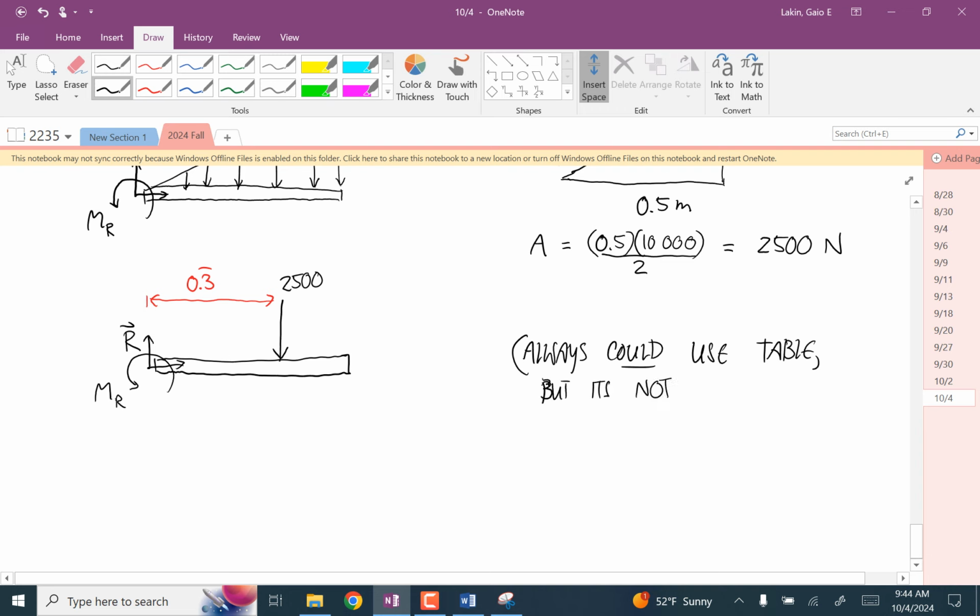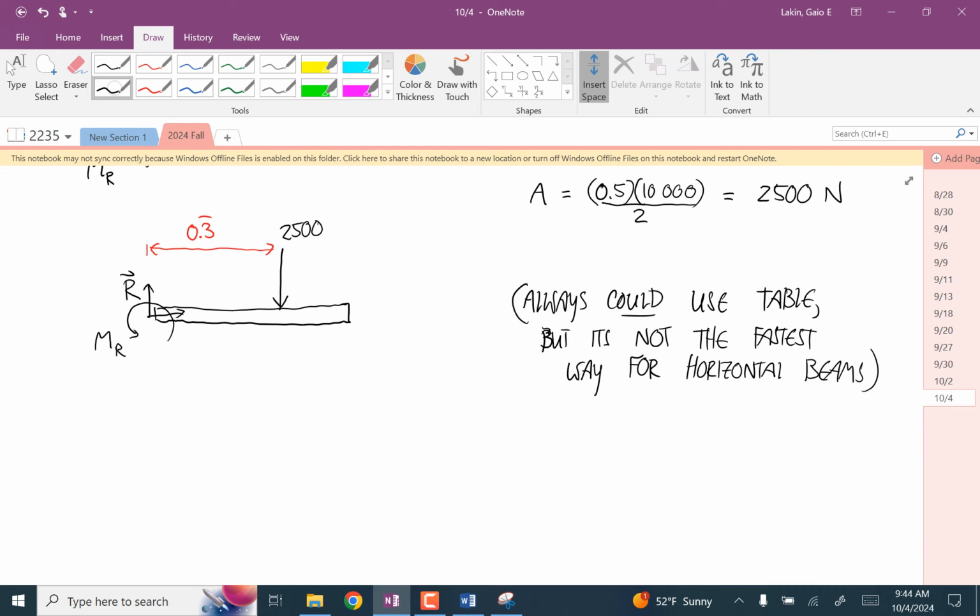But it's not the fastest way for horizontal beams.